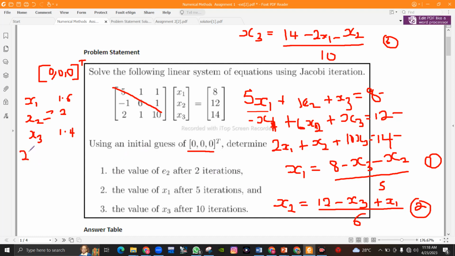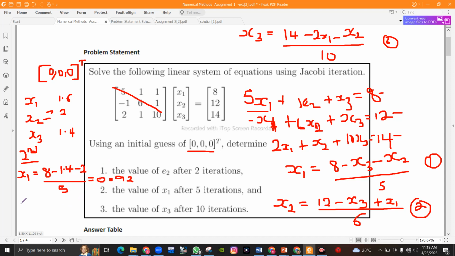On the second iteration now, x1 is equal to 8 minus x3. What's x3 now? It is 1.4, minus 1.4. Then minus x2. What's x2? 2, divided by 5. If you calculate that, you are going to get 0.92, which is now our new x1.